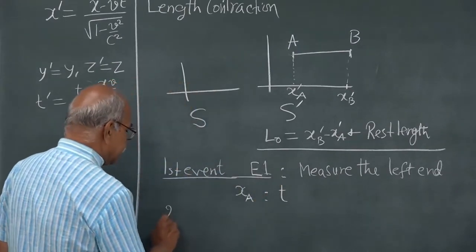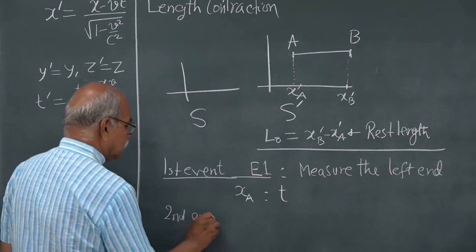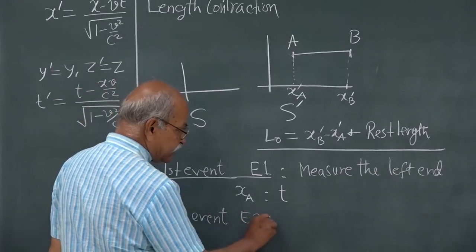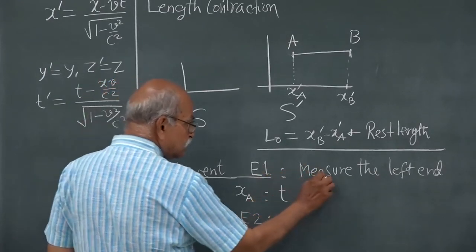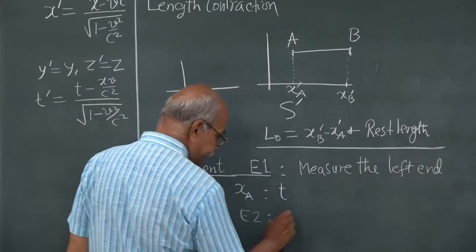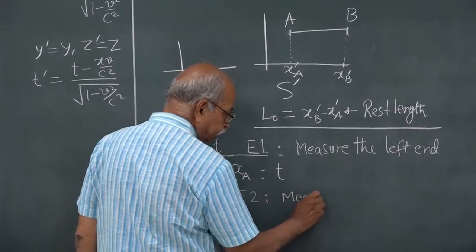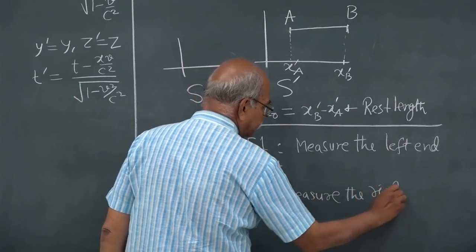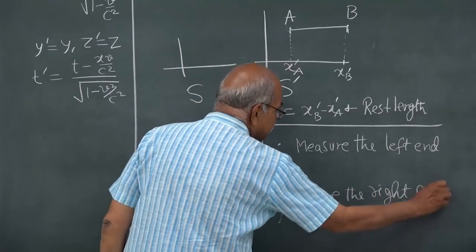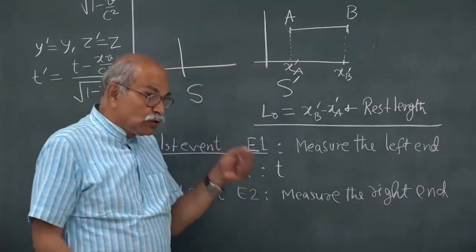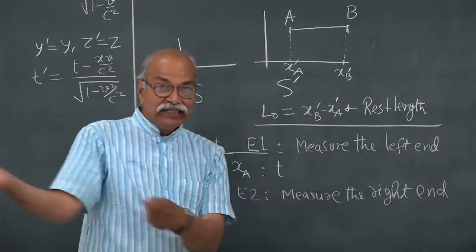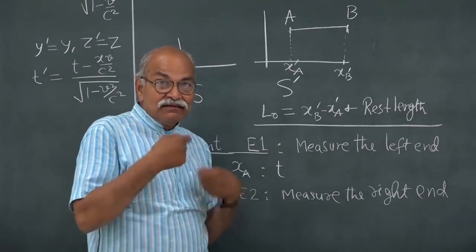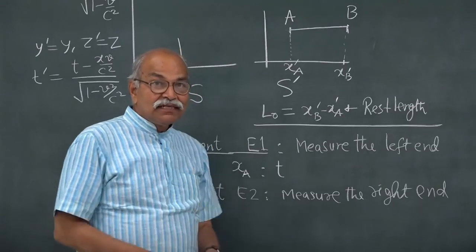And then I have the second event E2, and the second event is I have measured the right end at the same instant. Remember, now I have to measure the two ends at the same instant, because the whole thing is moving. So, I cannot afford to do one measurement and then relax and then go to the other end.